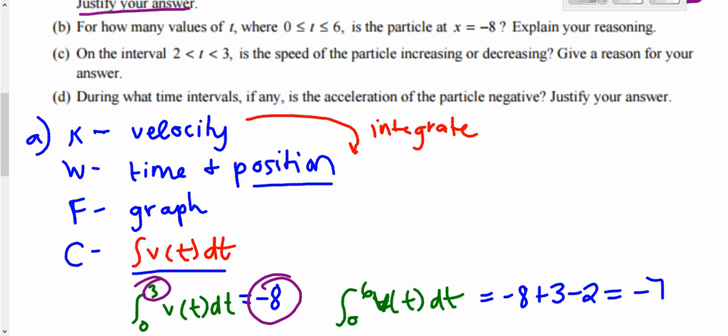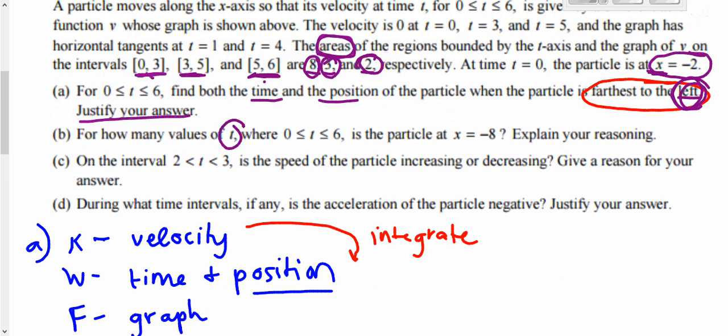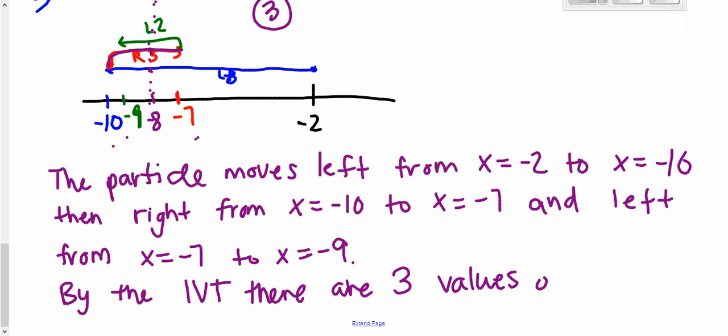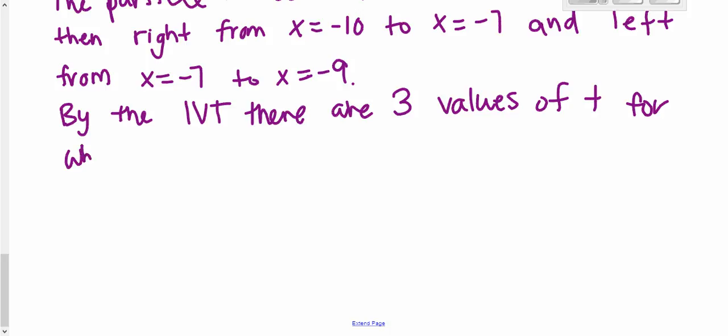What did they want us to find? How many values of t? So there are 3 values of t for which the particle is at -8.